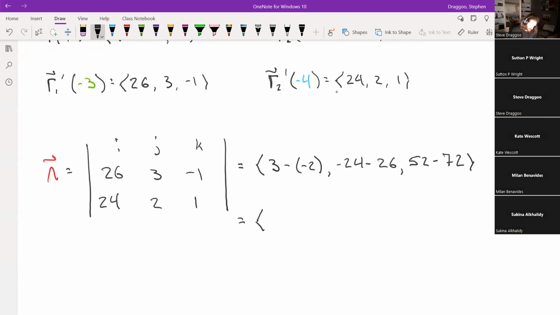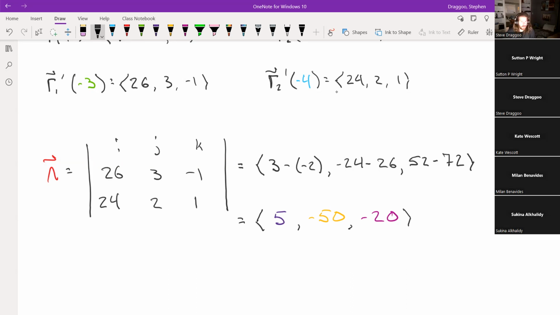Putting all that together, 3 plus 2 is 5. Negative 24 minus 26 is negative 50. And 52 minus 72 is negative 20. Cool, so that's a normal vector.